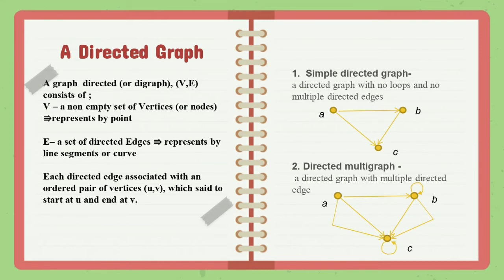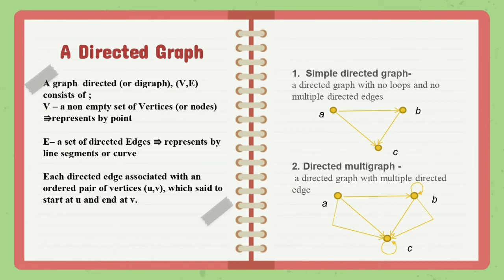First, the simple directed graph, which is a directed graph with no loops and no multiple directed edges. As you can see here, ABC is a simple directed graph where there are no multiple edges.